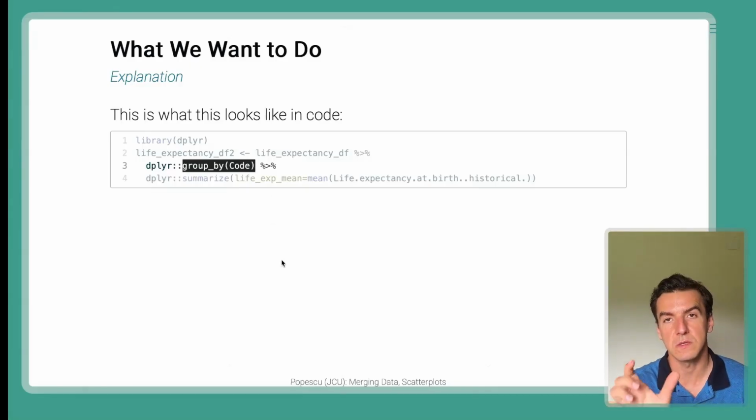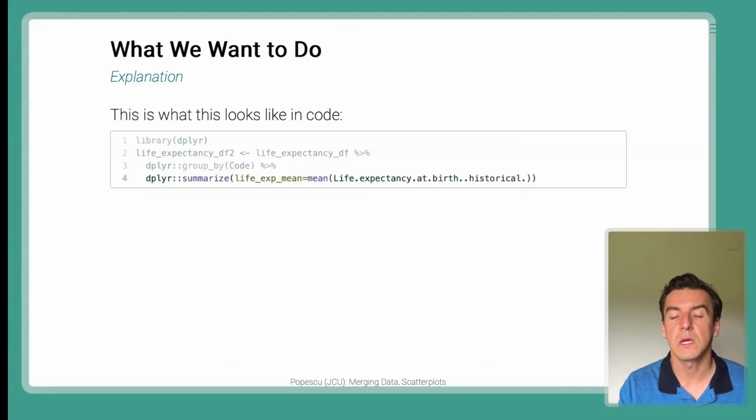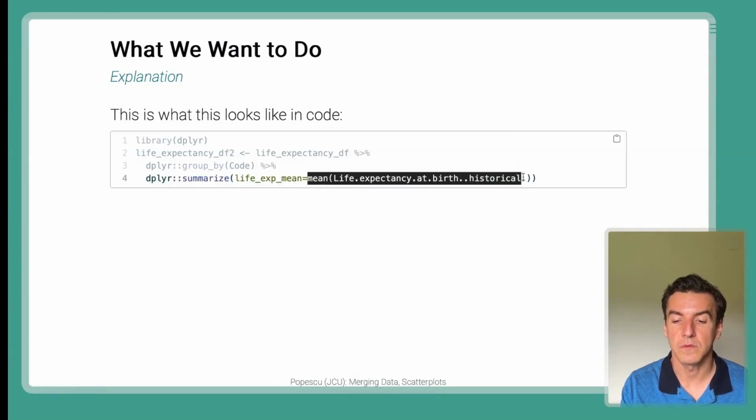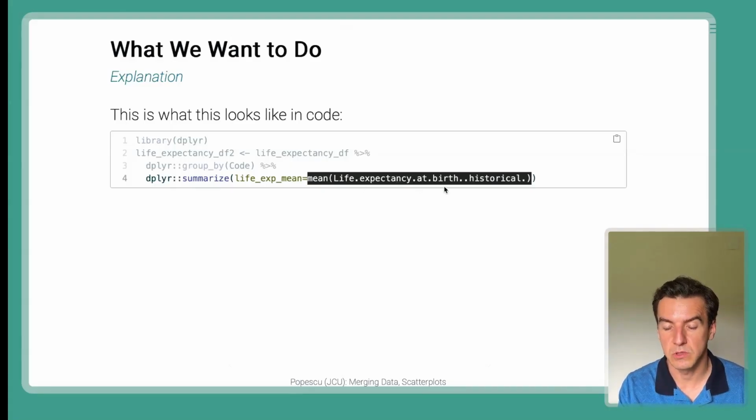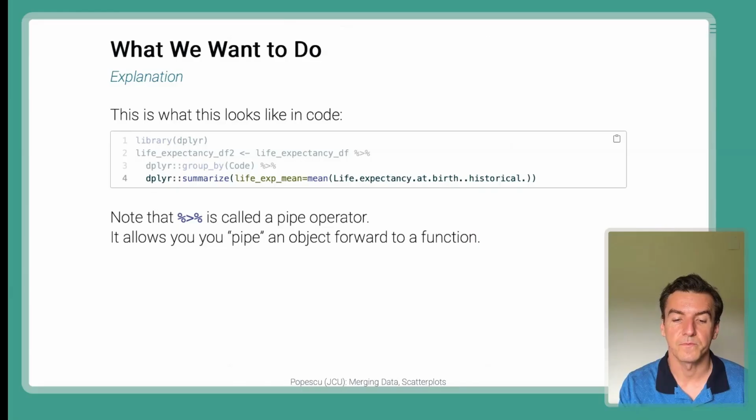Remember, the code is a variable that represents a three-letter code for each country. And then we calculate the mean by using this command summarize, and then the new value for what we want the value to be called, and then the mean of the old value, which is life.expectancy.birth.historical.